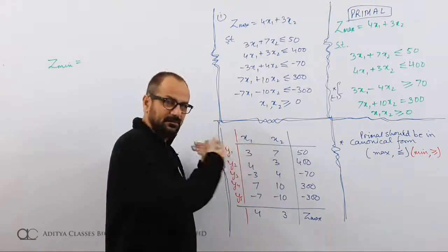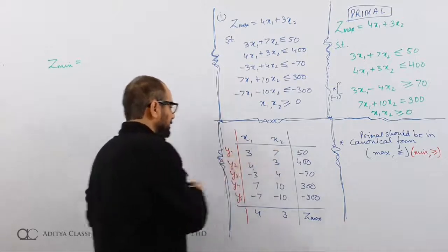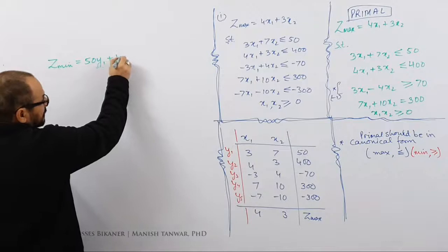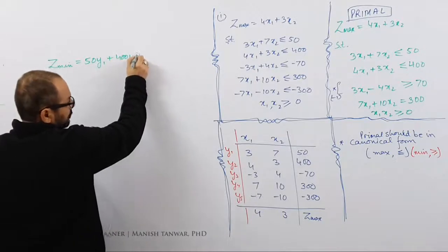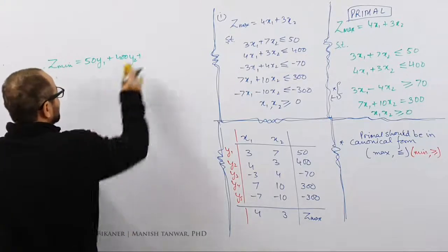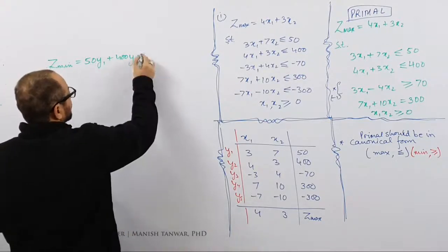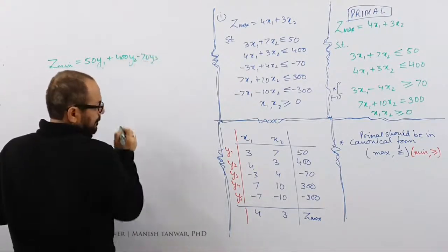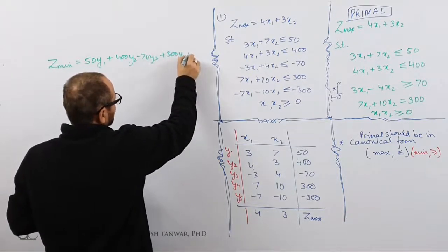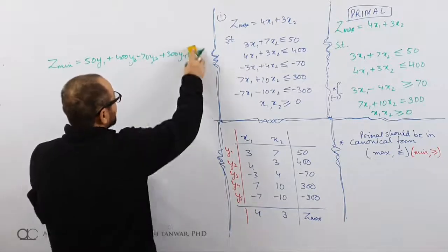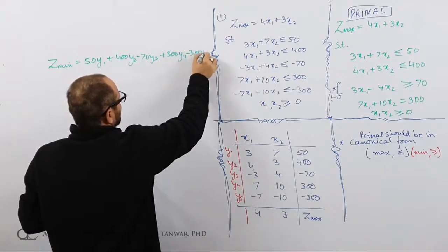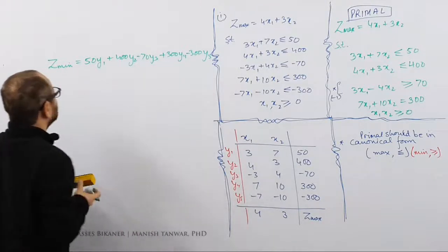Now everything will come row wise: 50y1 plus 400y2 minus 70y3 plus 300y4, and last one would be minus 300y5.